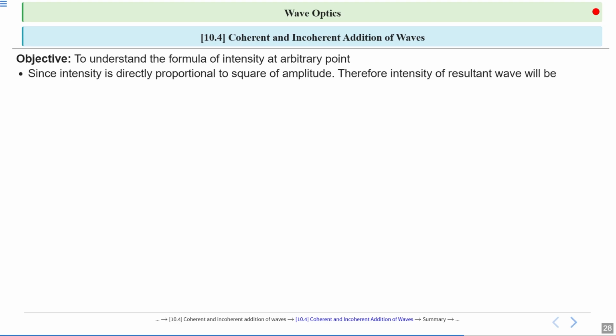Intensity, we know, is proportional to the square of amplitude. Therefore, the intensity of the resultant wave is proportional to (2A cos(phi by 2)) squared, since the amplitude of the resultant wave is 2A cos(phi by 2). The intensity of an individual wave is proportional to A square, that is I naught proportional to A square.